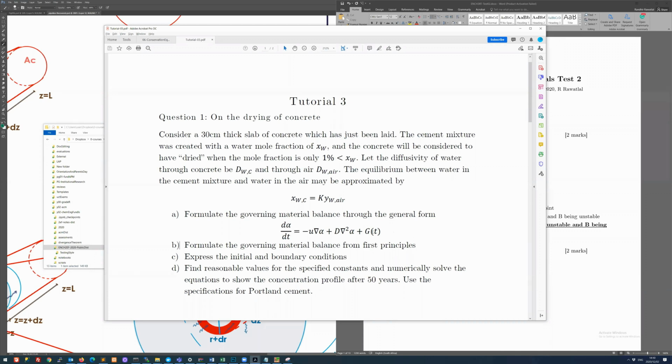This general conservation equation covers all those types of balances, and also it covers all types of geometries. So these nablas here refer to the gradient. This is the first derivative, second derivative in all dimensions of the geometry.